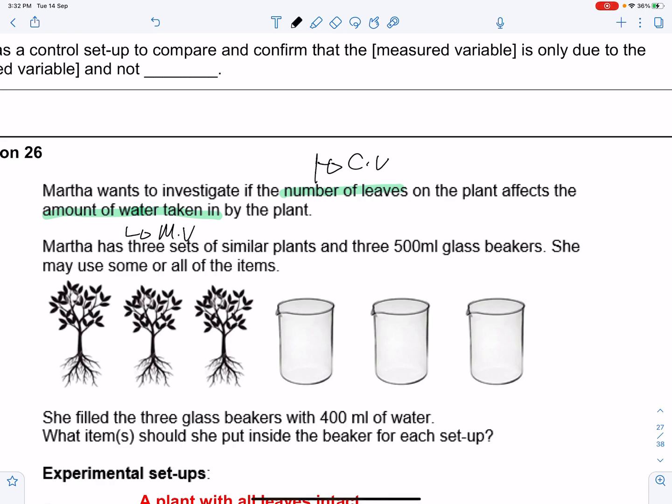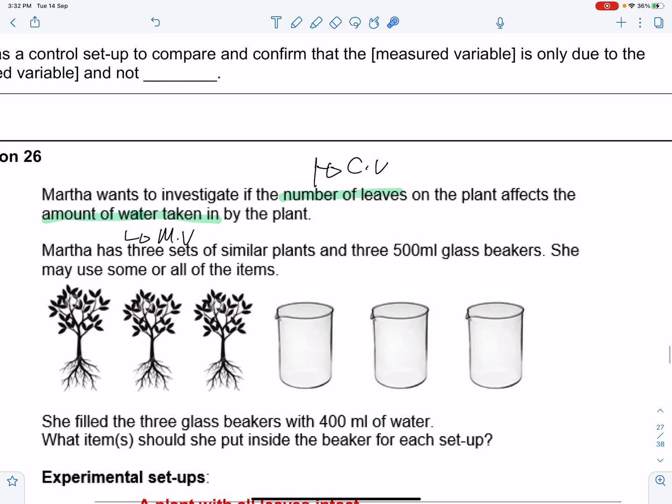Martha has 3 setups of similar plants and 3 500 ml glass beakers. She may use some or all of the items. She filled the 3 glasses with 400 ml of water. What items should she put inside for each? Very simple, I told you: remove away the change variable. This is what we need to remove for the control.